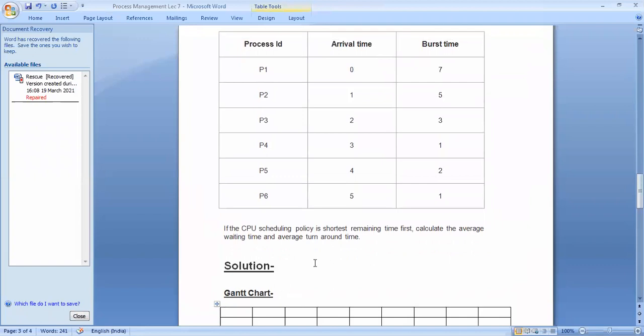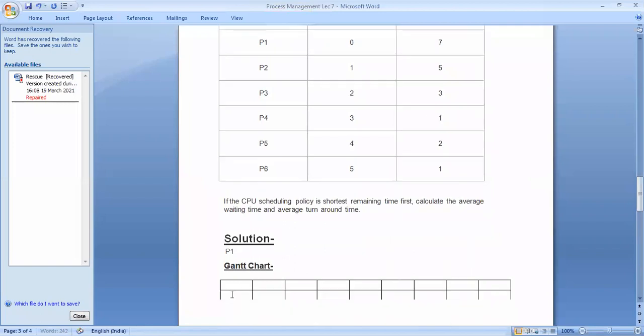So please tell me, when arrival time is 0, only the P1 process is there. So at 0 millisecond, or 0 unit, P1 is there.